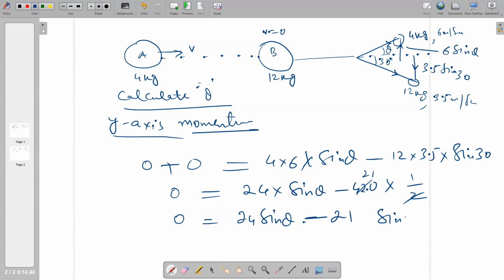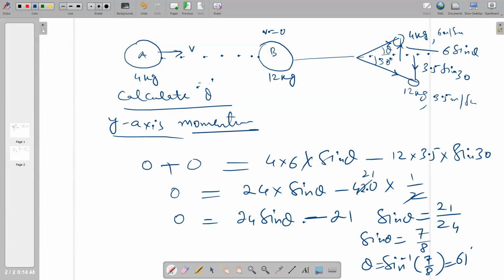So sine theta is equal to 21 over 24, and sine theta is equal to 7 over 8, and theta is equal to sine inverse 7 over 8, and this is equal to 61 degree. If you calculate, its answer is 61. So the angle theta is 61 degree. This angle is 61 degree.